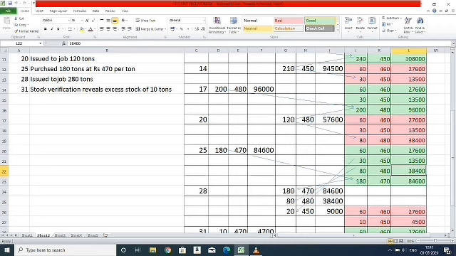38,400. Then 180 plus 80 comes to 260. Then we have to get 20 tons. Again, we take that 20 tons from this 30.